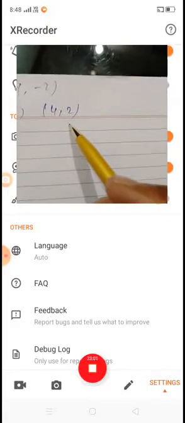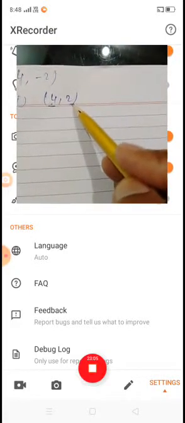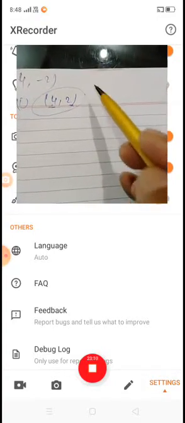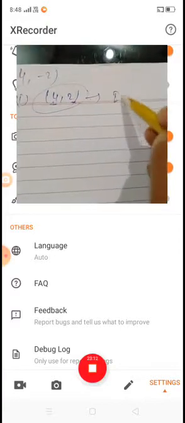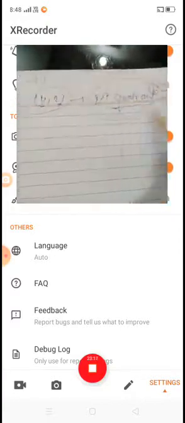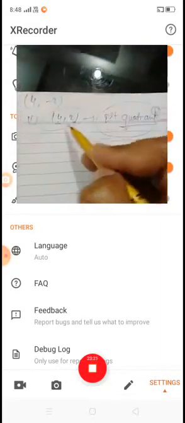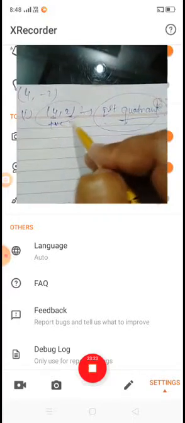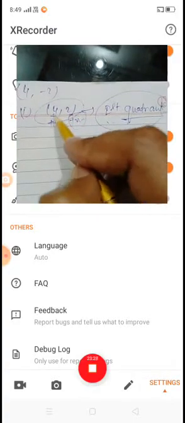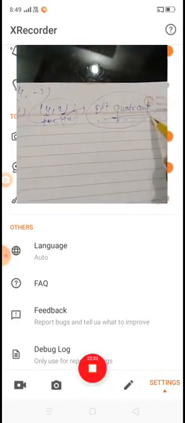For (4, 2), we observe that abscissa x and ordinate y both are positive, so it lies in the first quadrant, because as we just discussed, in the first quadrant both the abscissa and ordinate are positive, so the point (4, 2) lies in the first quadrant.